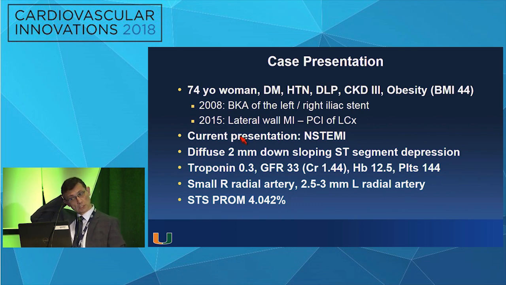She presented now with a non-STEMI with EKG changes, positive troponins, and a certain degree of CKD with a GFR of 33. She had a small radial artery, with ultrasound showing a 2.5 to 3 millimeter left radial artery. The STS score was about 4%.